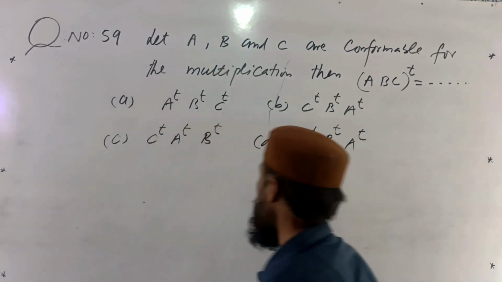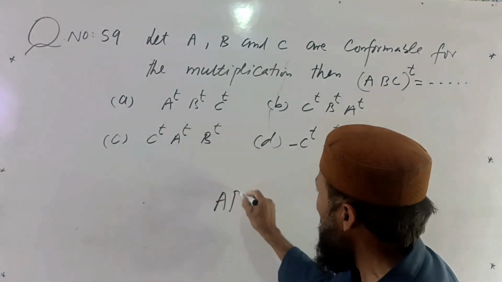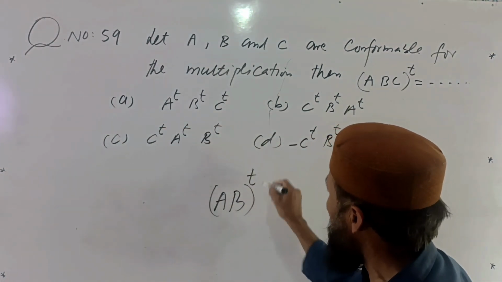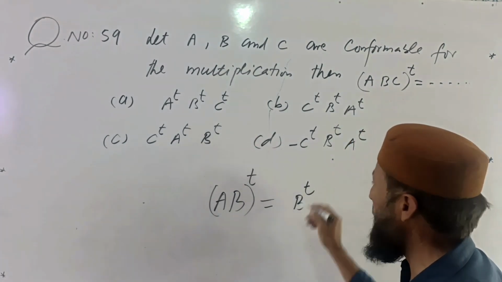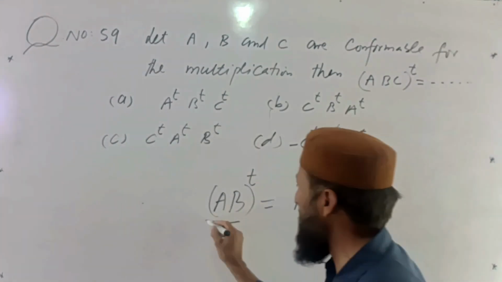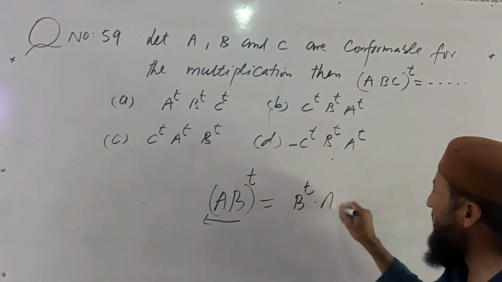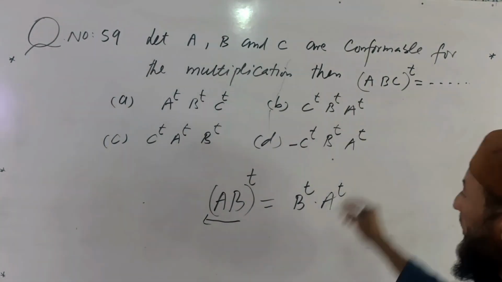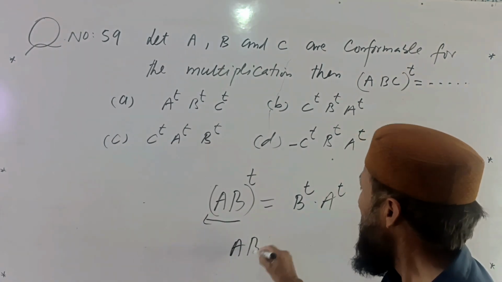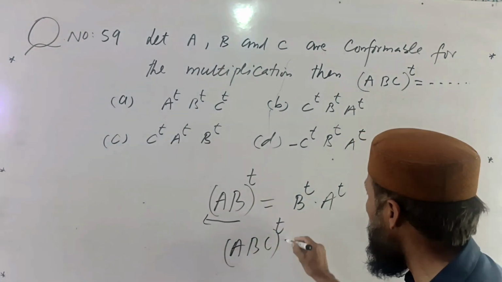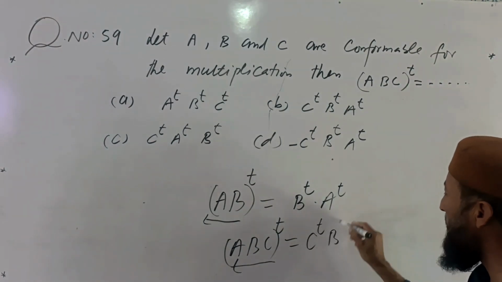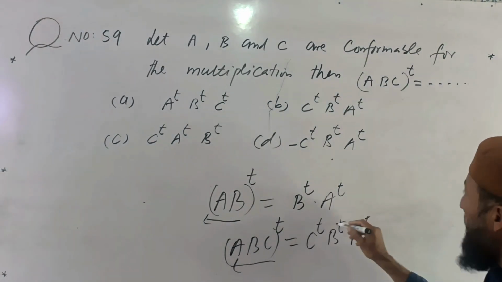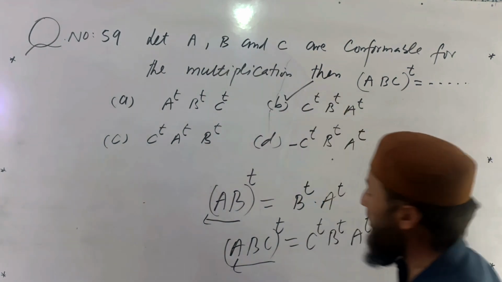According to the definition, if we expand the transpose of AB, we go to the back side, so it is B transpose, A transpose. Similarly, if we expand the transpose of ABC, we get C transpose, B transpose, and A transpose. So the correct answer is B.